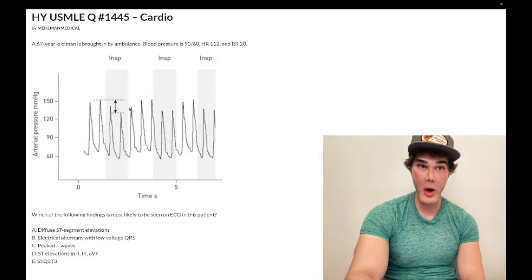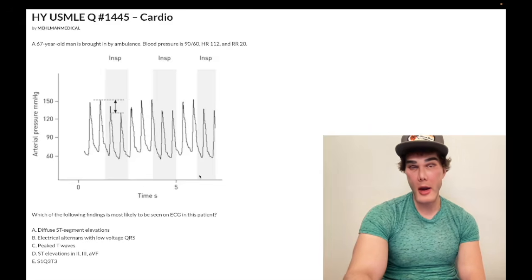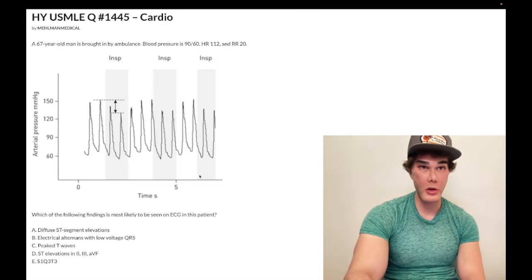Right, so pulsus paradoxus. Now, what are we going to see on ECG with cardiac tamponade? Which, by the way, cardiac tamponade equals pericardial effusion plus low blood pressure. We said Beck triad, hypotension, JVD, muffled distant heart sounds, fine, but a tamponade equals pericardial effusion plus low blood pressure. Now, it's the rate at which the fluid accumulates that determines whether you have a tamponade or not, not the volume.